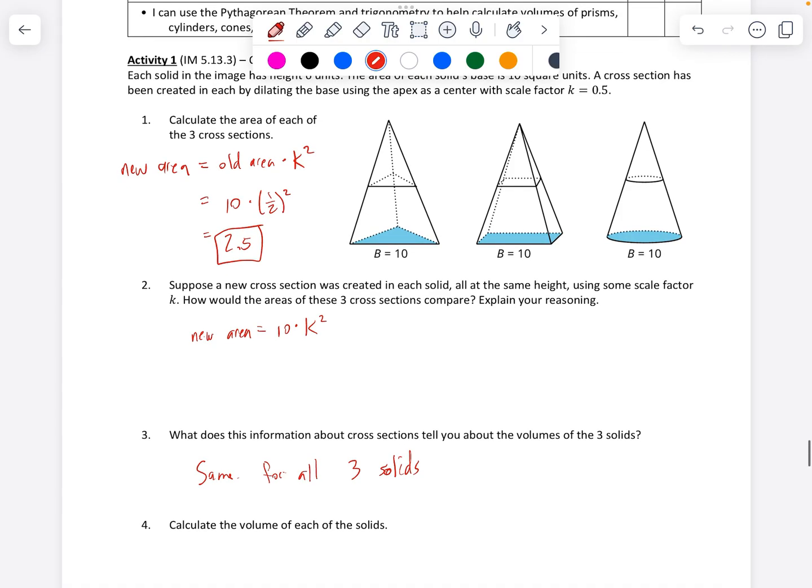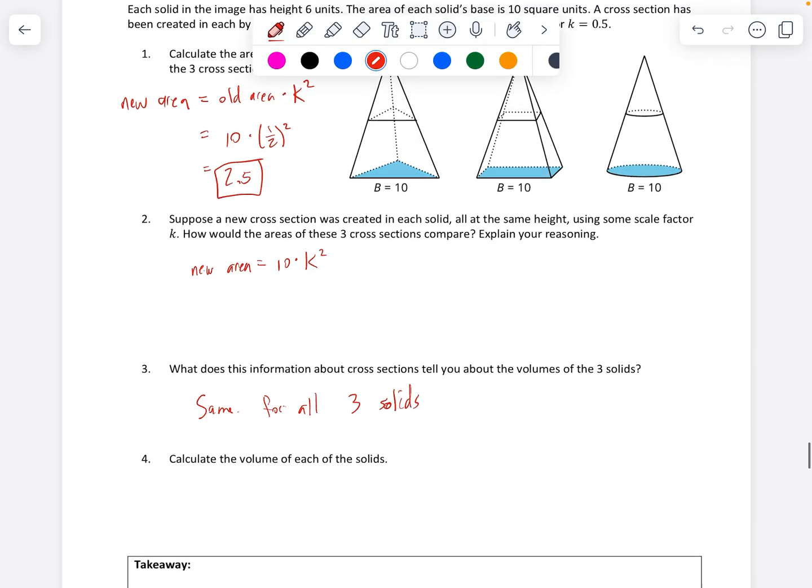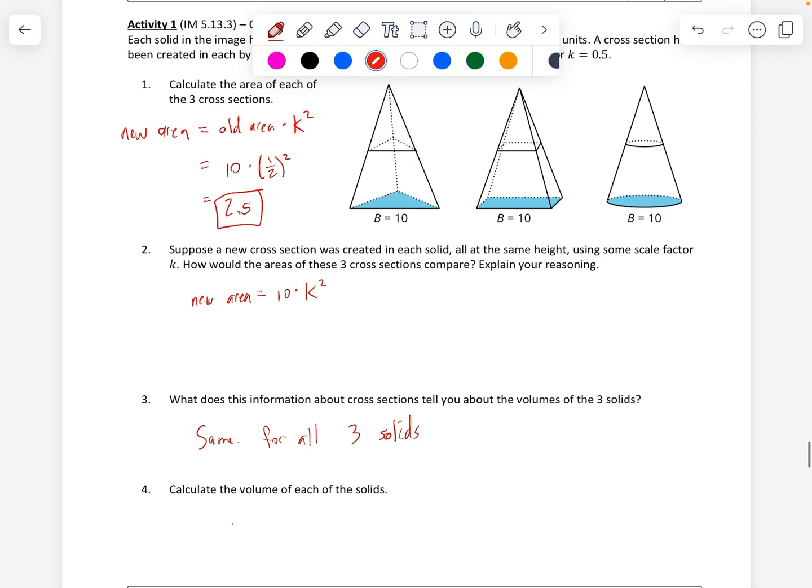All right. Calculate the volume of each of the solids. So we know that they're going to be the same. So the volume is going to be 1 over 3 area of base times height, which is 1 over 3 times 10 times 6, which is 20 cubic units.